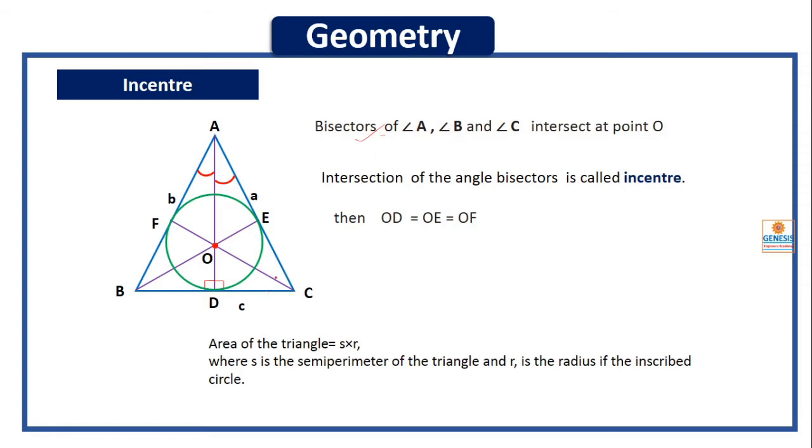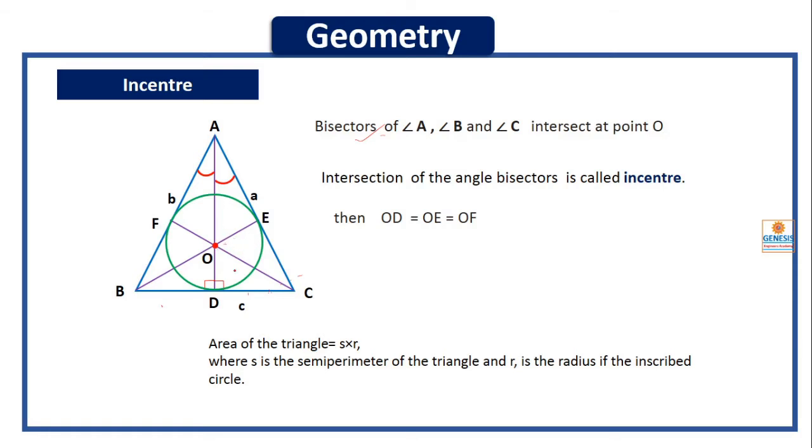So CF is the bisector of C, AD is the bisector of A, and BE is the bisector of B. If these are extended, they will intersect at point O.